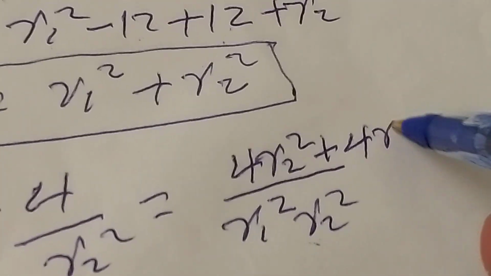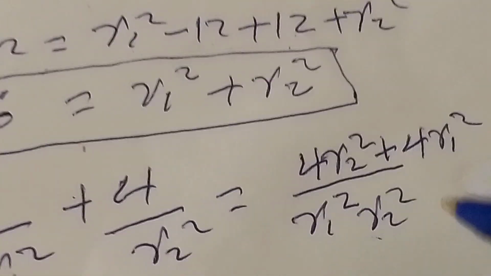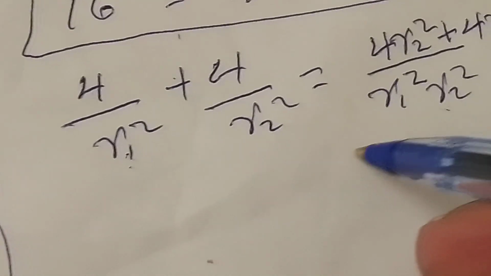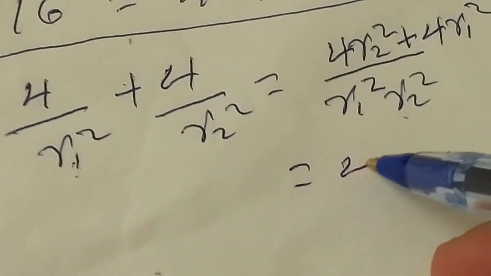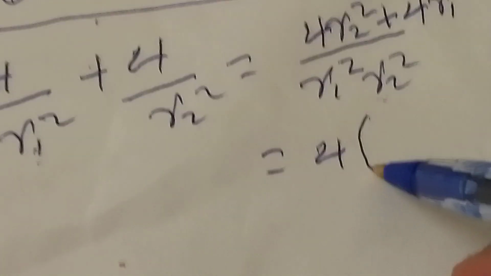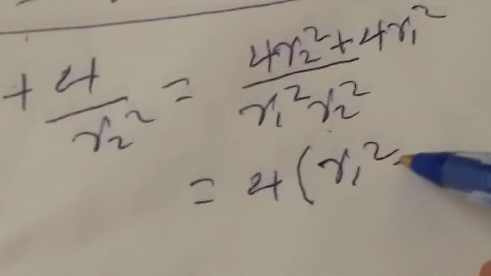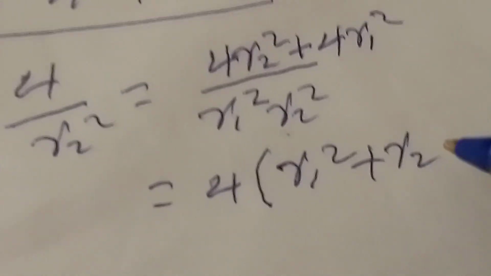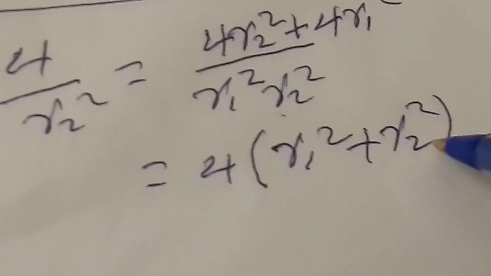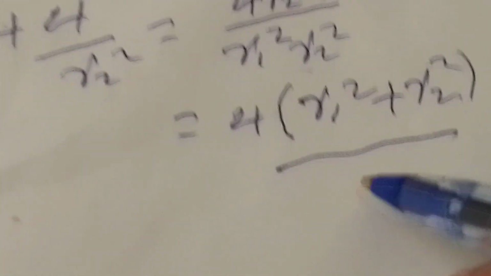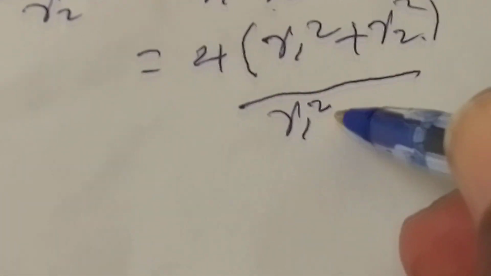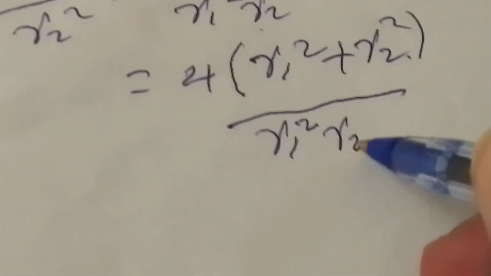Simplify this; the common factor is 4, so 4 times r1 square plus r2 square over r1 square times r2 square.